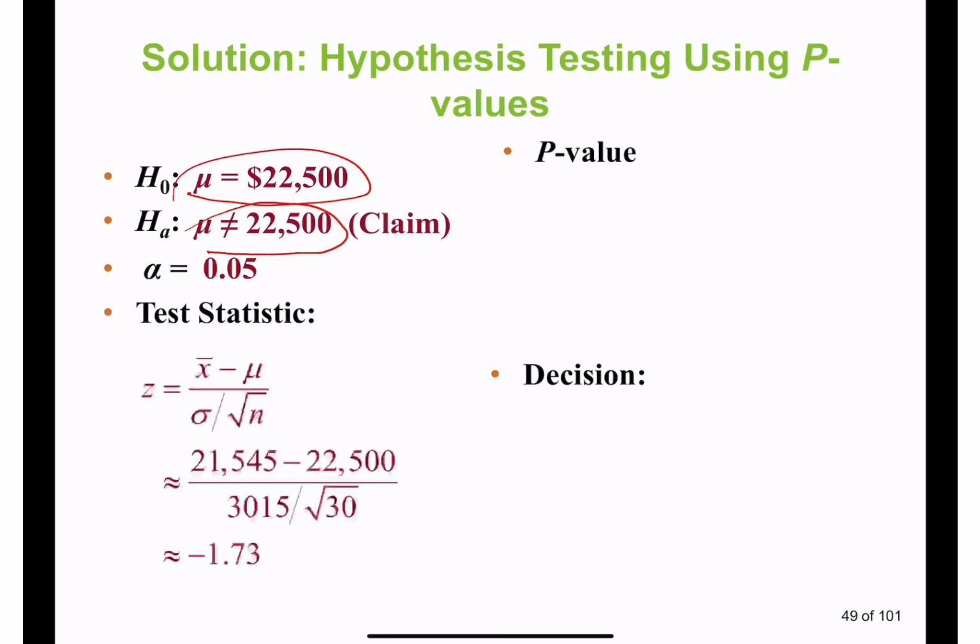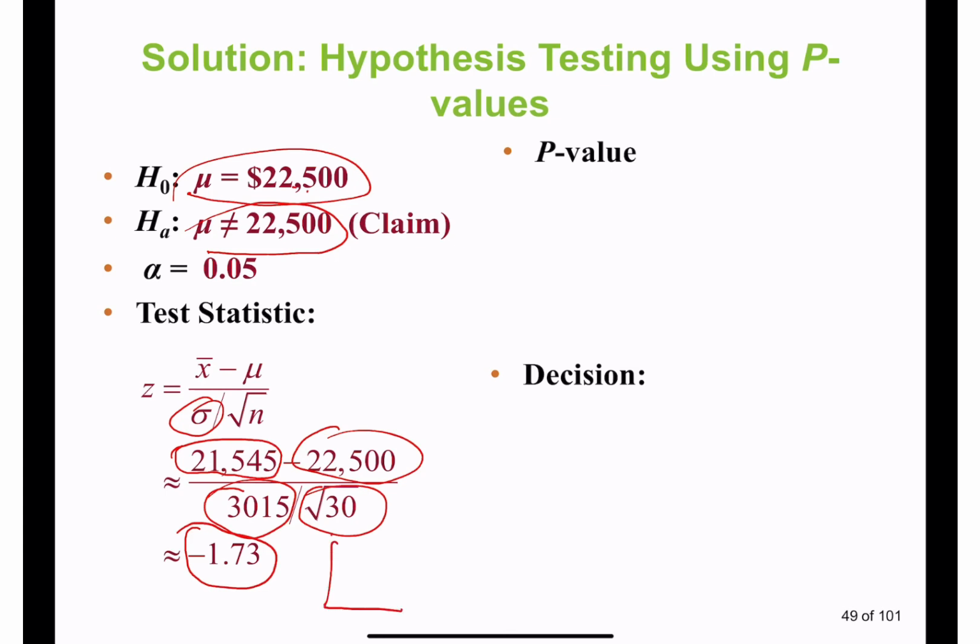So again, we need to find the z-score where X bar is 21,545, mu in the claim is 22,500, sigma is 3,015, and the sample size is 30. After we make the calculation, we get a z-score equal to negative 1.73. This is our z-score table.